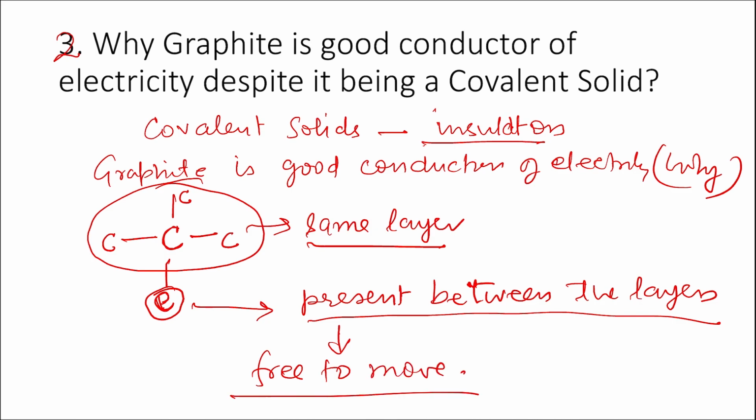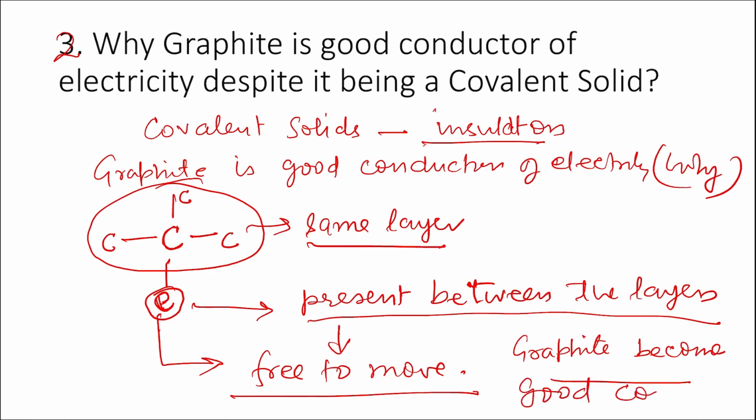As this electron is free to move, graphite becomes a good conductor. Clear? Due to this free electron between the layers, graphite is a good conductor of electricity.